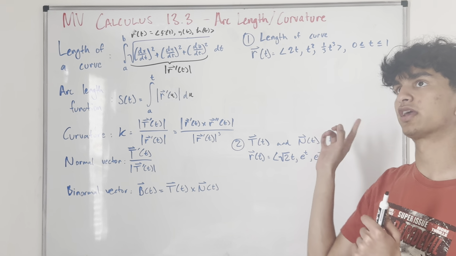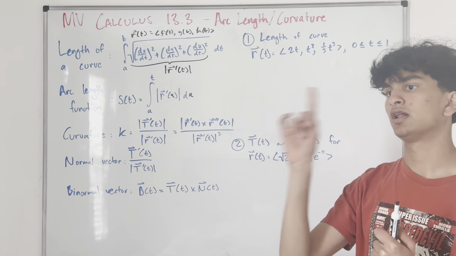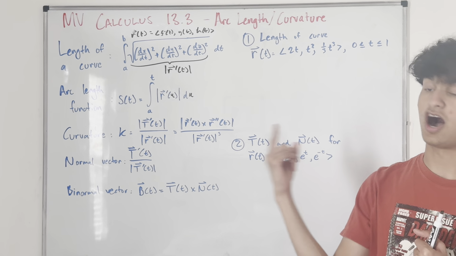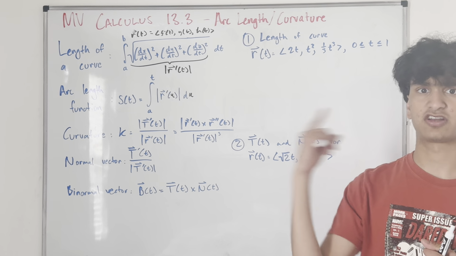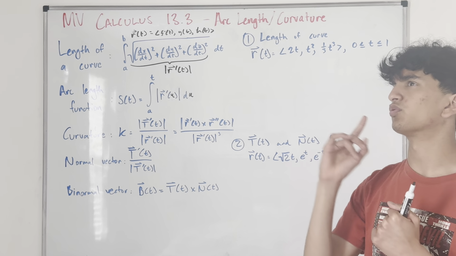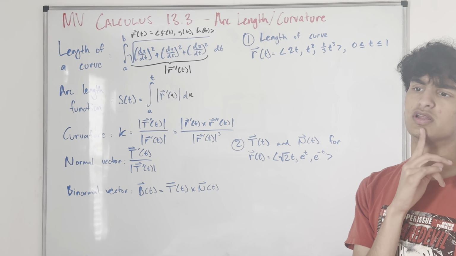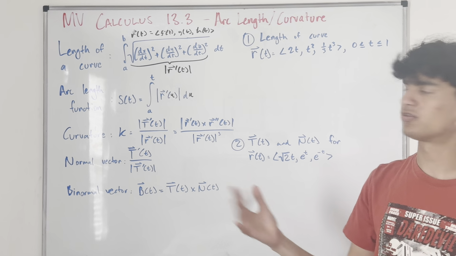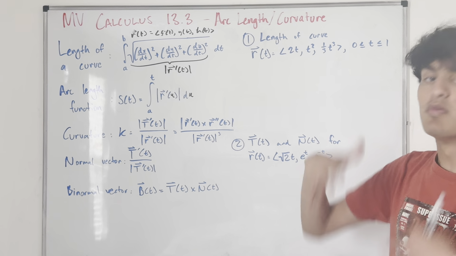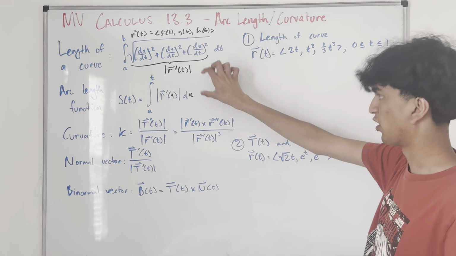If you had an oscillating function where your vector is moving in a circle, this distance wouldn't really work. I have to think more about that. But in most cases, we can use the arc length function.